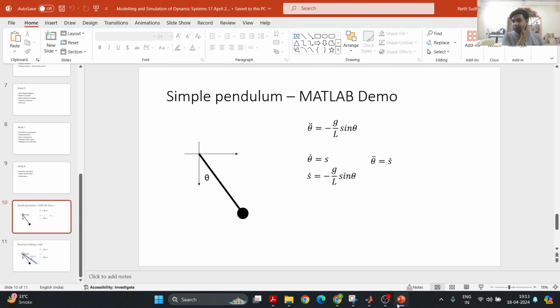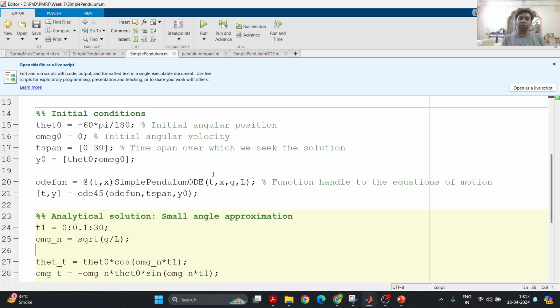It is a second order differential equation with constant coefficients, so it will have a simple sinusoidal solution of the form a cos omega t plus b sin omega t. The natural frequency omega n is square root of g by l in the analytical solution.